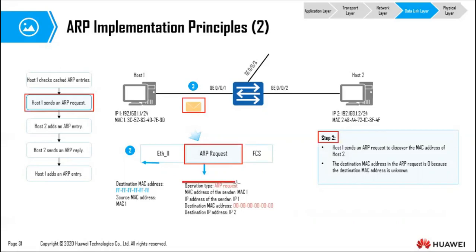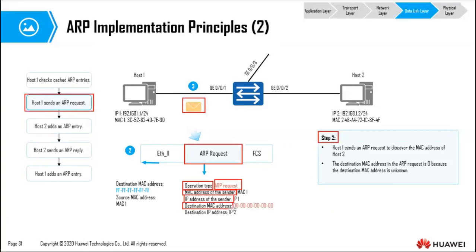But one of the fields of the ARP packet is the operation type. The operation type can either be a request or a reply. Are we together? The other field on the ARP header is the MAC address of the sender. See, that is the source MAC address. Then the source IP address, okay? And then look here, at the destination MAC address, do we know the destination MAC address?